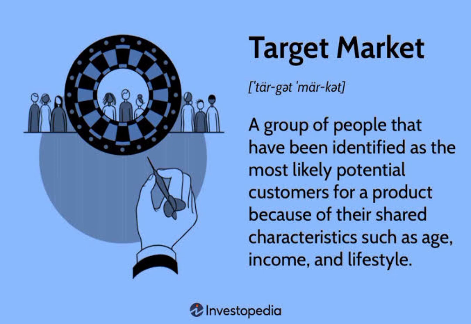For instance, a fitness brand might position itself differently based on the segment it's targeting. If it is focusing on weight loss, it might emphasize products that aid in fat burning, whereas if targeting the muscle building segment, it would then highlight protein-based supplements and strength training.